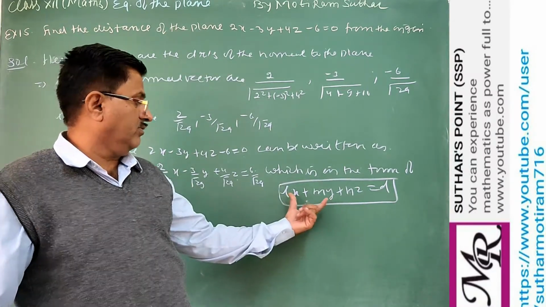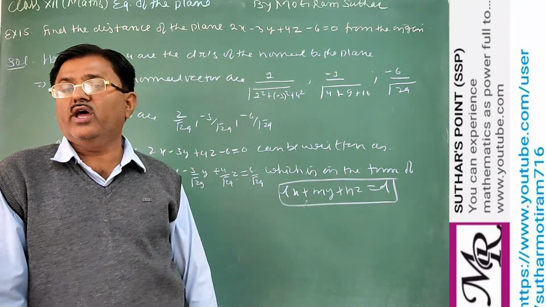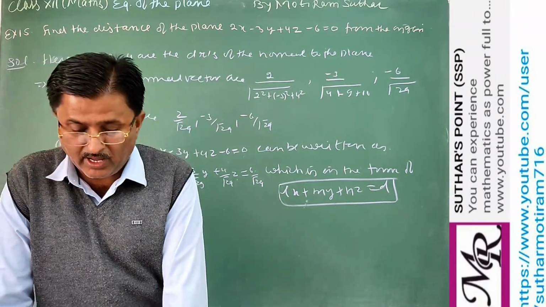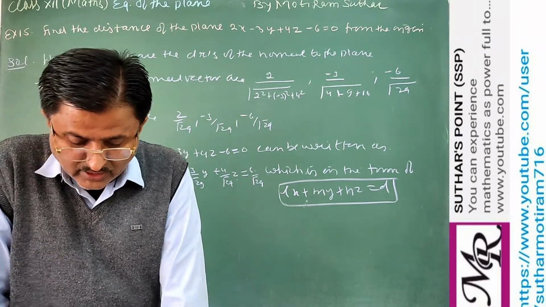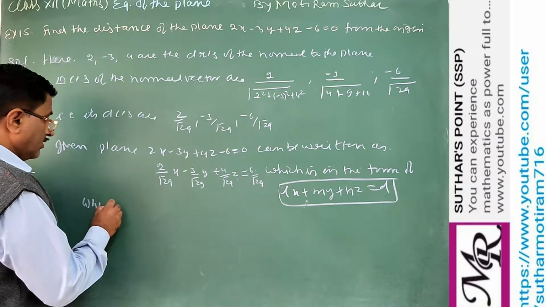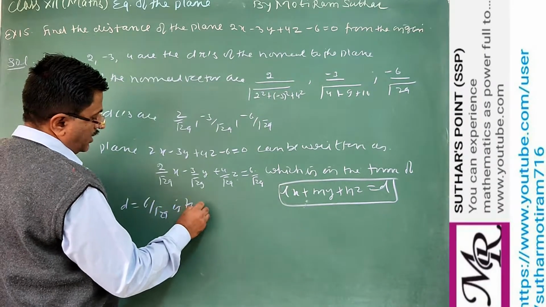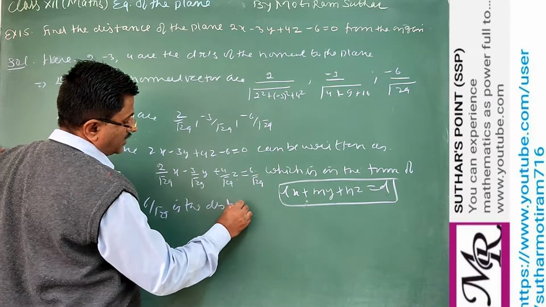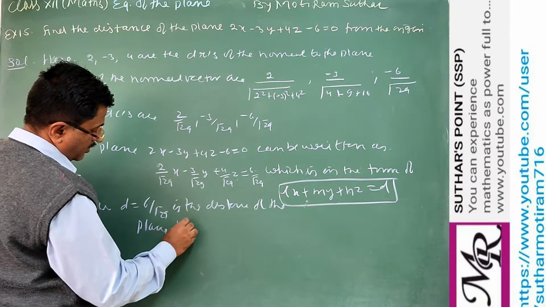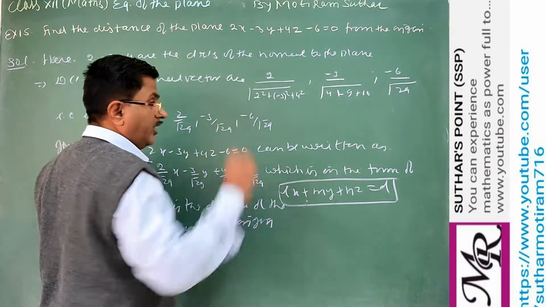When the plane is given in this form, the number on the right-hand side is known as the distance of the plane from the origin. So here d equal to 6 upon root 29 is the distance of the plane from the origin.